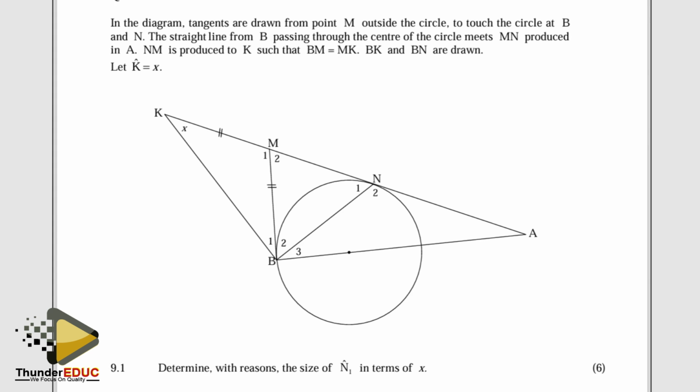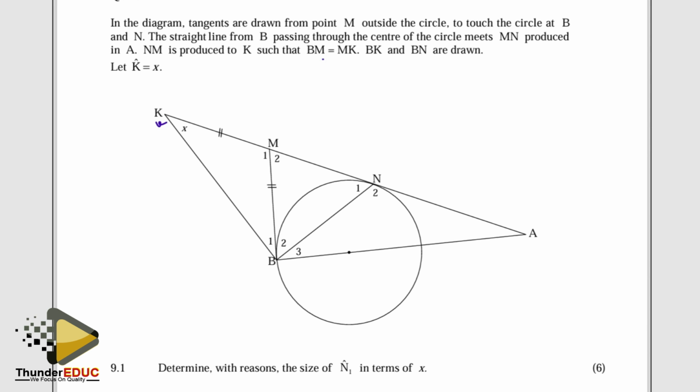Question number 9. There's the diagram. We have some tangents that are drawn from point M outside the circle. That is a straight line passing through the center of the circle. MN is produced. This is produced to K such that these two sides are equal. Those are drawn. Let K be X. Good.